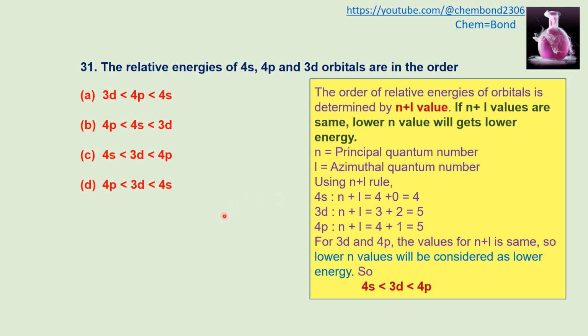The correct order is 4s, which has the lowest n plus l value, then 3d, then 4p, since 3 is lower than 4. So the answer is C.